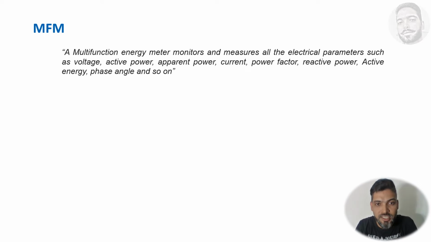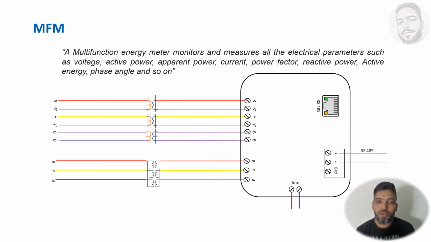A multifunctioning energy meter monitors and measures all the electrical parameters such as voltage, active power, apparent power, current, power factor, reactive power, active energy, phase angle, and so on. A lot of things you can measure using this one. This is a general example I have taken. It is just a graphical representation, so don't go bit by bit on this picture, but it's almost the same.